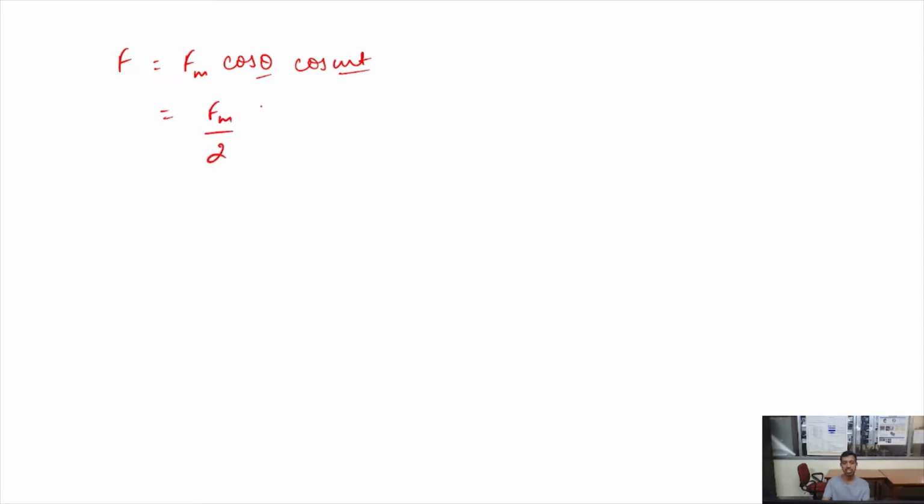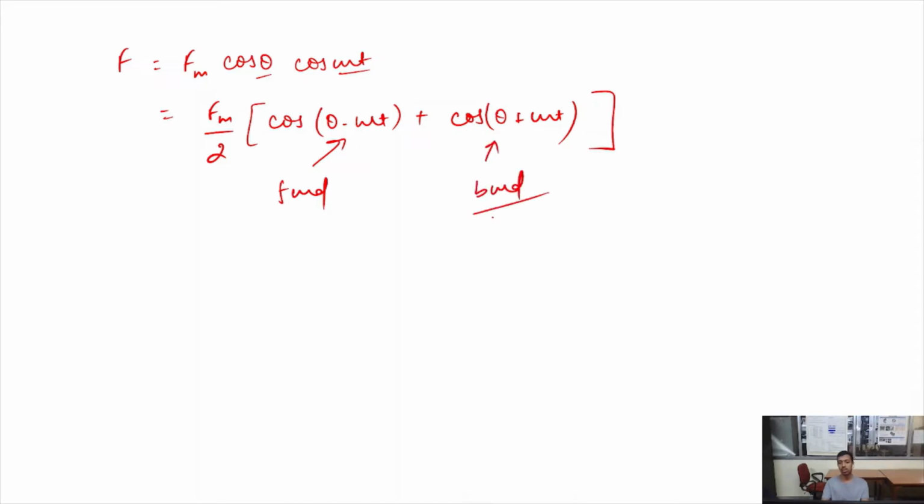We know the basic trigonometry identities from 10th class: cos(theta minus omega t) plus cos(theta plus omega t). So this is forward, this is backward.